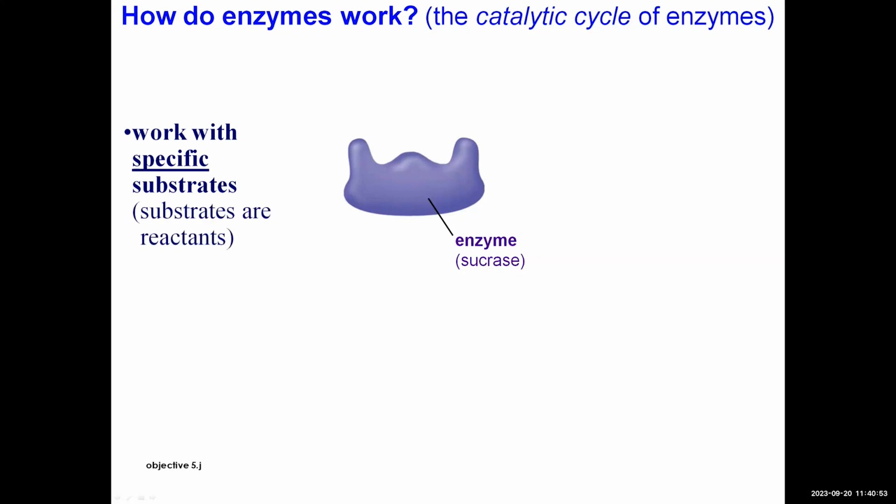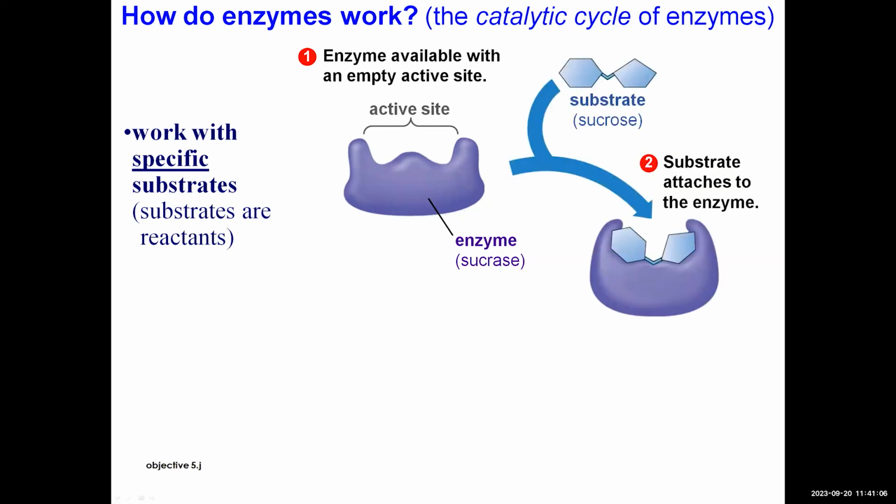The substrate the enzyme works with is its reactants. The reactant has to be able to fit into the pocket or active site that's located on the enzyme. In this case, the substrate or reactant, sucrose, is able to fit in the active site. Once that happens, this puts strain on the bond between the two molecules.